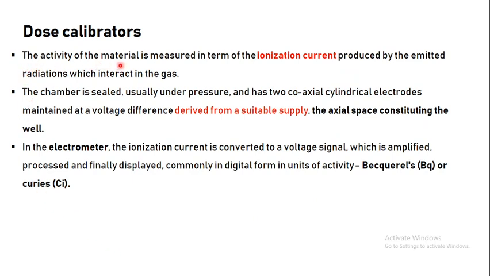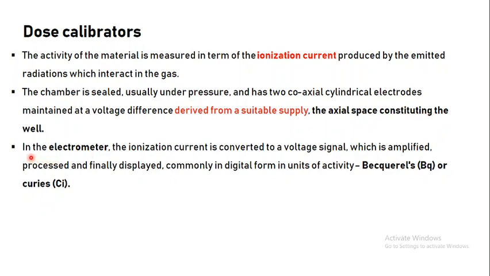The activity of the material is measured in terms of the ionization current produced by the emitted radiation which interacts in the gas. The chamber is sealed, usually under pressure, and has two coaxial cylindrical electrodes maintained at a voltage difference derived from a suitable supply, the axial space constituting the well.